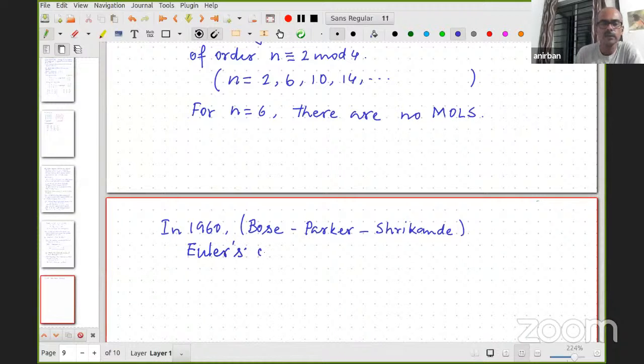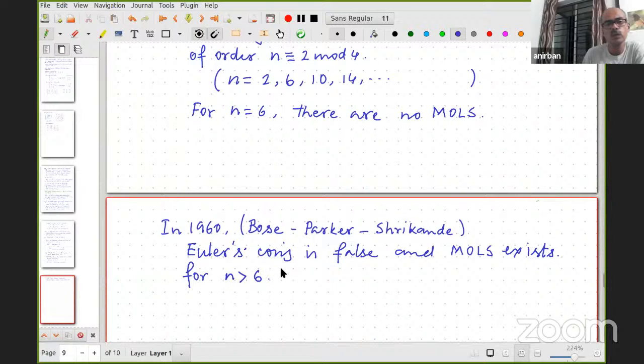Euler's conjecture is false, and these mutually orthogonal Latin squares exist for any n greater than 6. Of course, for 6, it has been proved that there are none; Euler was correct only for 6.